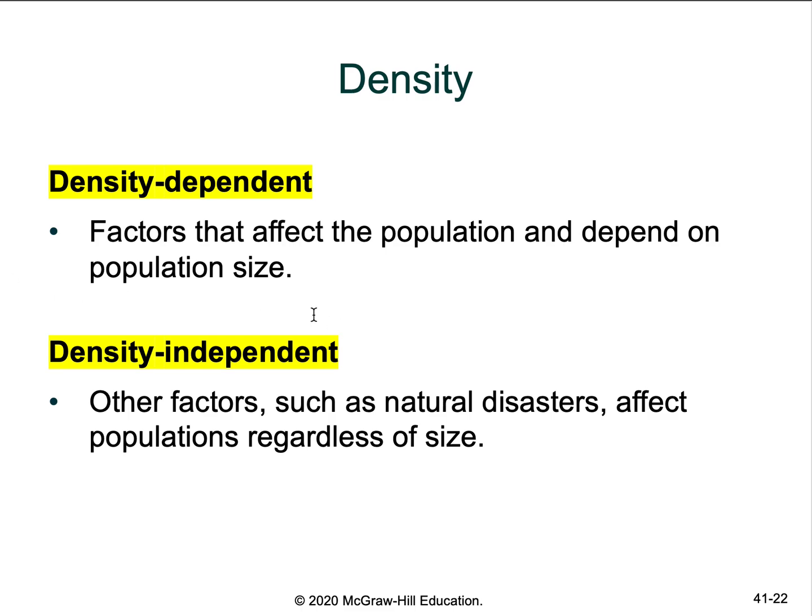For density dependent, this is within the population. Factors that affect the population and depend on the population size. So this could be that there's too many of them, or too few of them. Competition. So density dependent versus density independent.